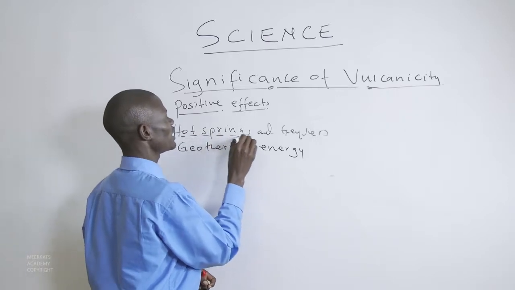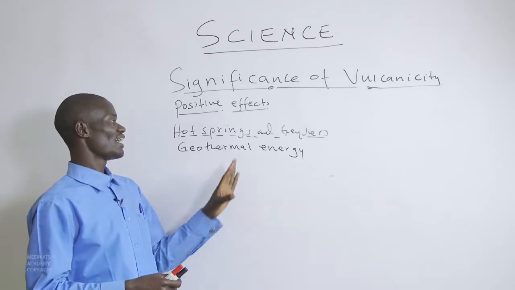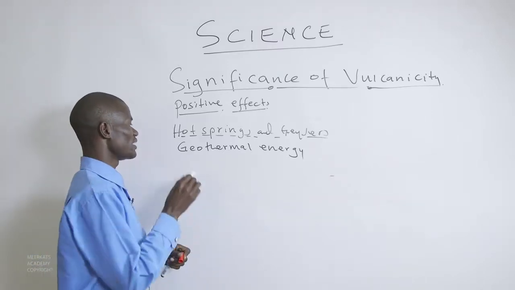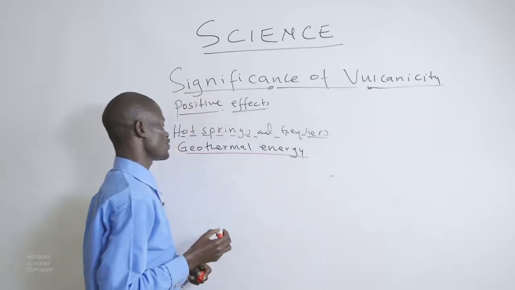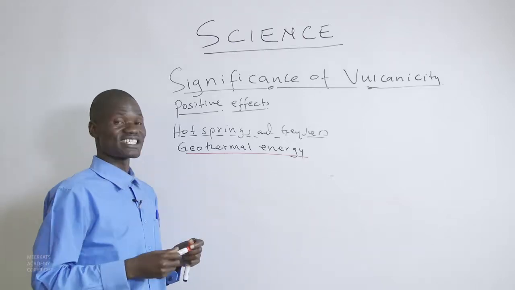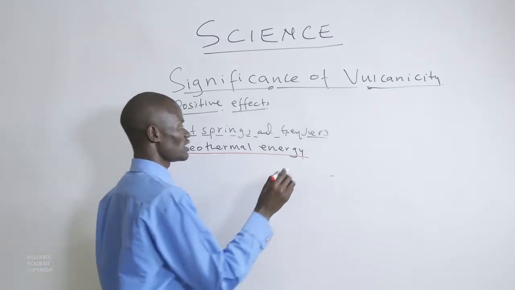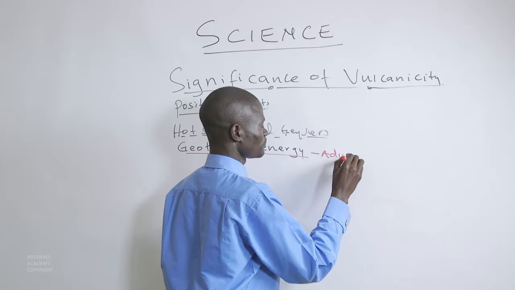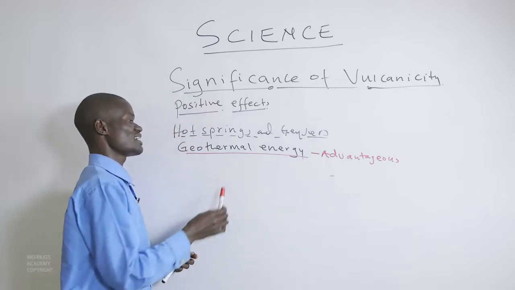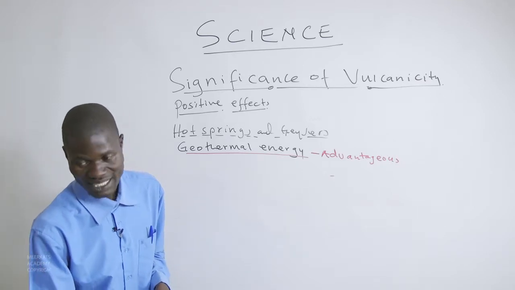We can harness geothermal energy from the hot springs and geysers, especially in the country of Sweden. There are numerous hot springs and geysers around the regions, and this leads to the generation of geothermal energy, which supplements our electricity or energy demand in our day-to-day activities. Therefore, it becomes more advantageous, and a positive indicator of volcanicity.